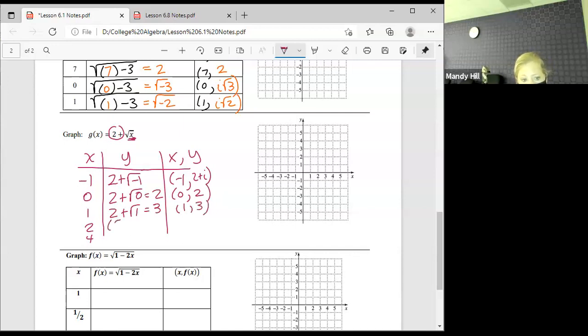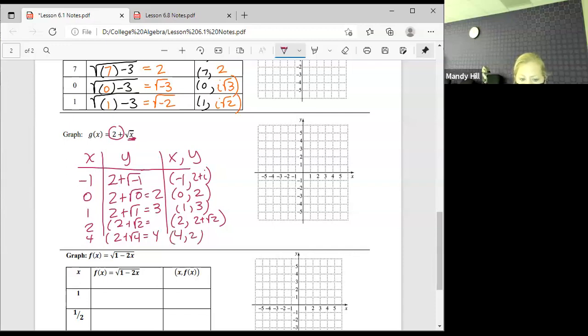If I plug in 2, that is 2 plus the square root of 2. We plug in 4, that would end up being 4 because we've got 2 plus 2, so 4.